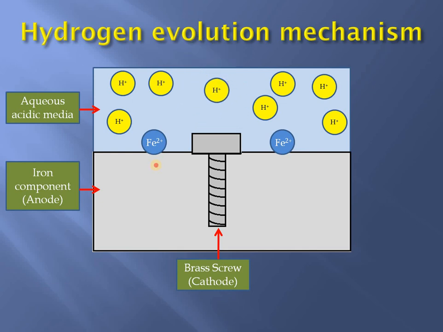So again, Fe will undergo oxidation to form Fe2+ and go into the electrolytic solution. The electrons generated will travel from anode to cathode, and at the cathode they will be taken by the H+ present in the electrolytic solution to form hydrogen gas. In this way the hydrogen evolution mechanism will occur.